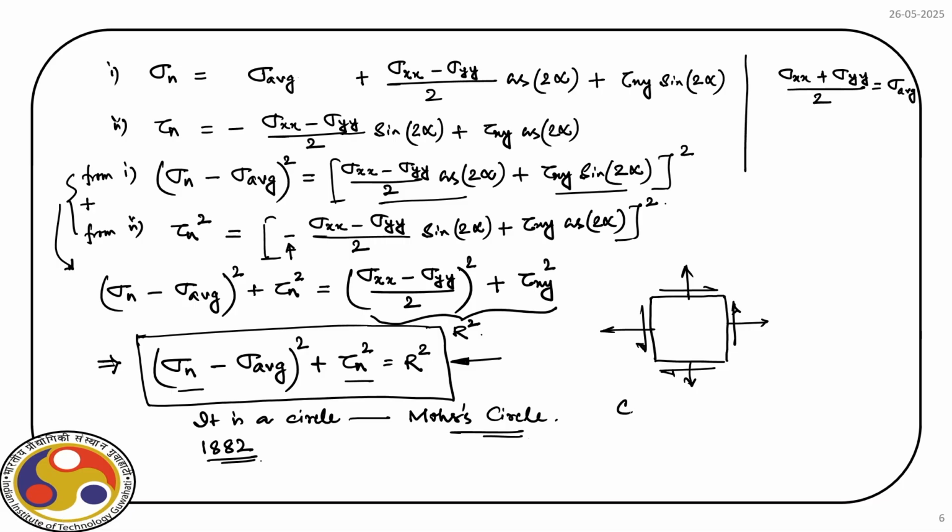The center is sigma average comma 0, and the radius of this circle is r. We have already derived the expression for sigma average and the expression for the radius r. So, we can now easily draw the Mohr circle, and from there we can identify the orientation of principal stress and the plane where the shear stress is maximum.